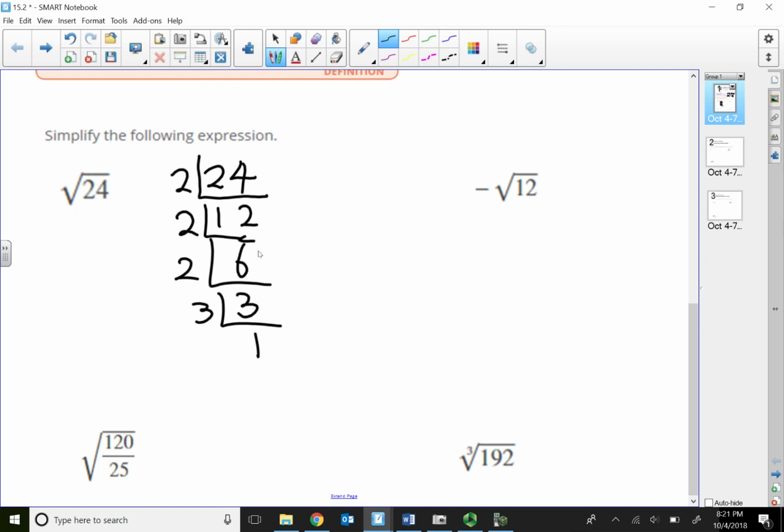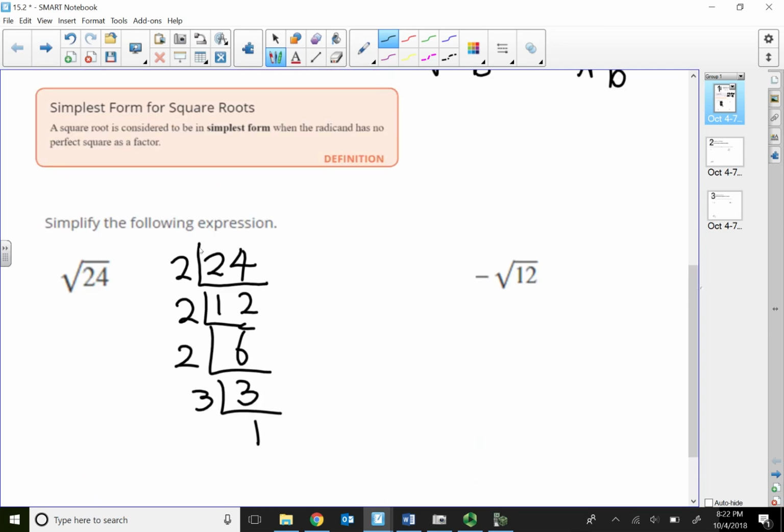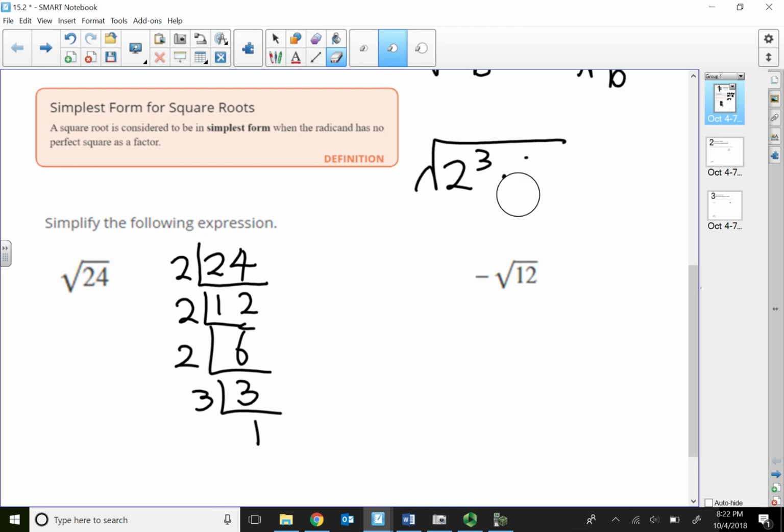So why do we write this prime factorization out this way? Because right now I can rewrite my square root of 24 as 2 to the third times 3. But since I'm dealing with a square root, what I can do is write 24 by the prime numbers as 2 squared times 2 times 3. I'm just going to do this one time, then I will begin to write it out differently.